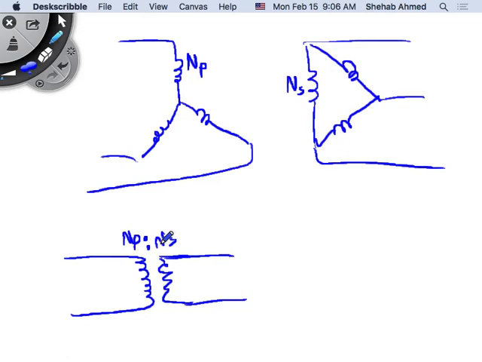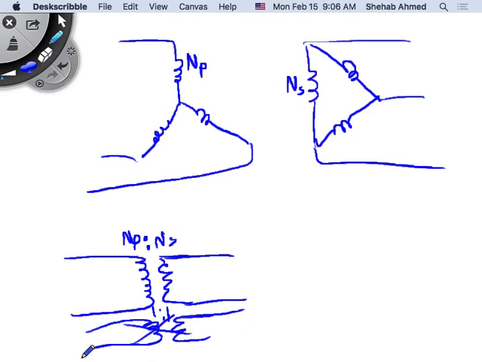So the ratio of the phase voltage of the primary to the secondary is equal to the ratio of the line voltages primary to secondary, which is equal to the bases that I will choose on the primary and secondary. It's easy, no problem. And hence in per unit, now this is in actual quantities. In per unit, what is the equivalent circuit for this? Exactly, it's a one-to-one transformer if I properly chose my bases. And then it will vanish because it's a one-to-one transformer, right?